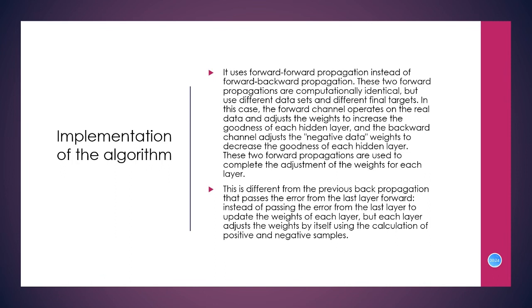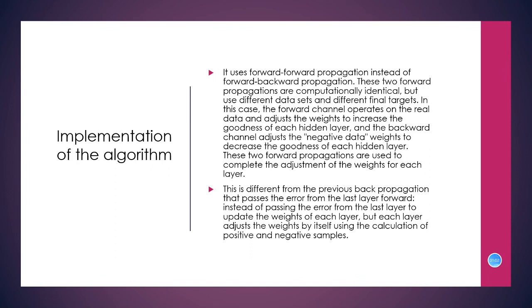In this case, the forward channel operates on the real data and adjusts the weights to increase the goodness of each hidden layer, and the other channel adjusts the weights on negative data to decrease the goodness of each hidden layer. Those two forward propagations are used to calculate the adjustment of the weights for each layer.